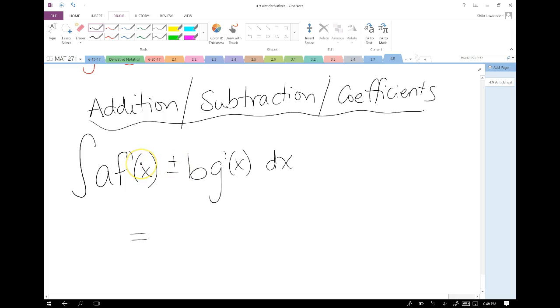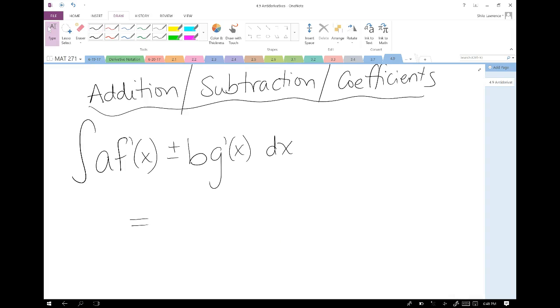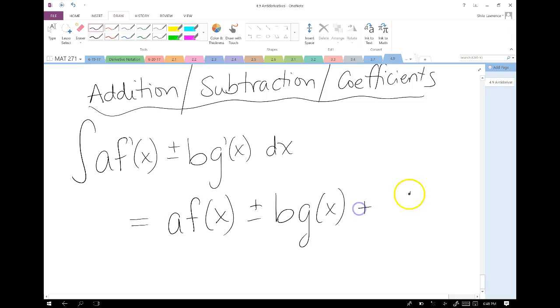As long as they're separated with addition and subtraction, we can just do their antiderivatives separately. And coefficients just get carried along to your next step. You don't have to do anything special to your coefficients. So our antiderivative is going to be a times the original f plus or minus b times the original g. And then remember, there always could have been some constant that we didn't know about, and we want to include that in our answer.